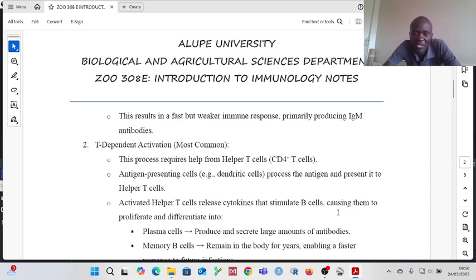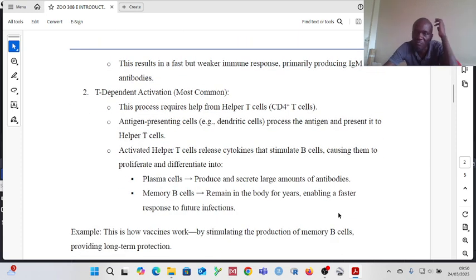The plasma cells are the ones which will now lead to production of a larger amount of antibodies. But the memory B cells are the ones that will remain in the body for years to help in the immunologic memory in case there is a future infection by the same pathogen.